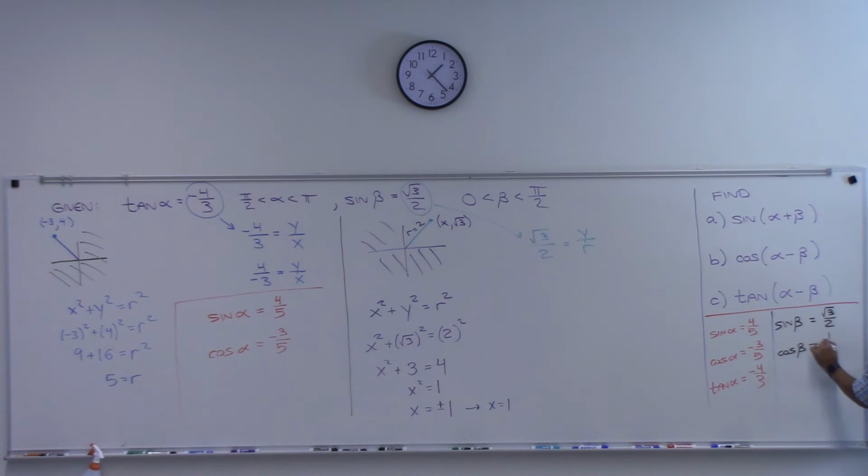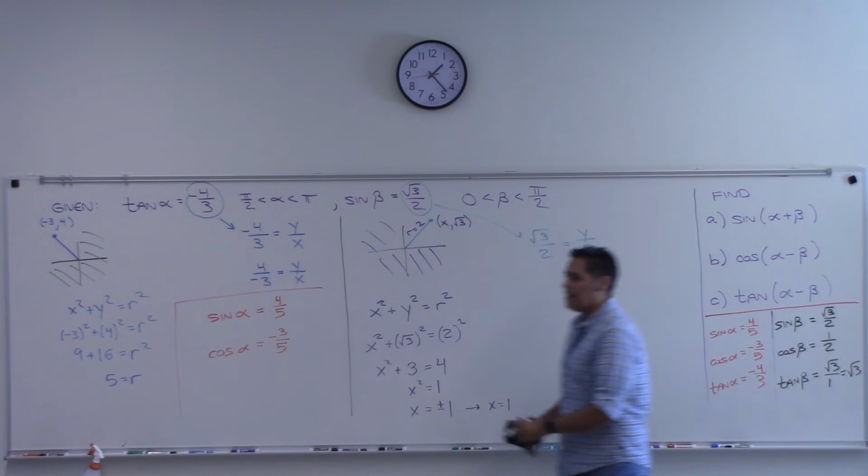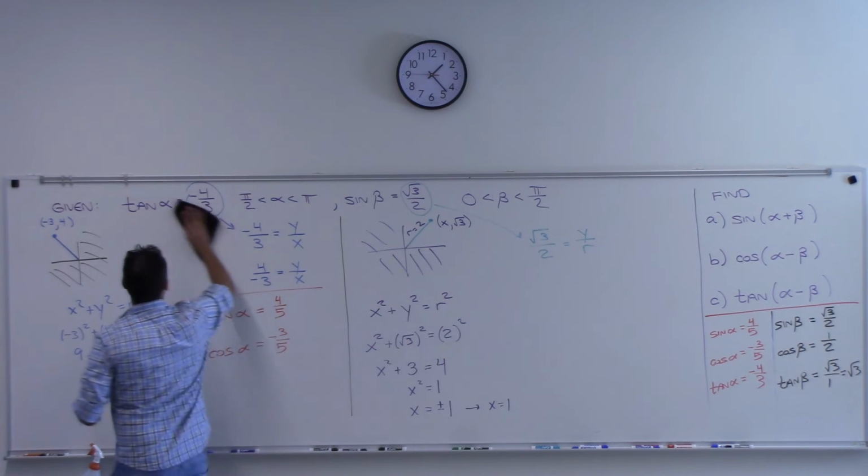So x was 1 over r, which was 2. And then tangent of beta would be y over x, which is square root of 3 over 1, which would just be root 3. There we go. We have everything we need to answer the question.